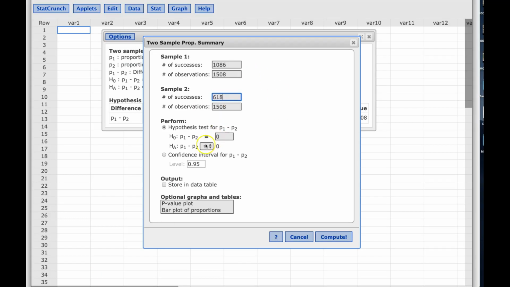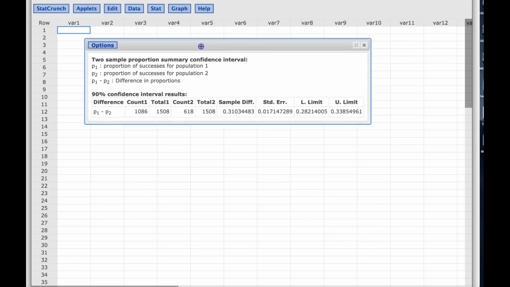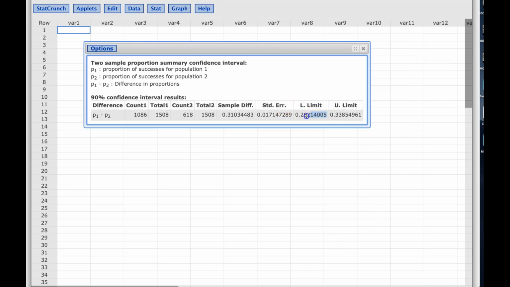Then we run a 90% confidence interval, 0.90, and compute. Now looking at the confidence interval, you see there's a lower limit and upper limit. The difference between those 2 years is somewhere between 0.28 and 0.33, or around 28.2% and 33.8% difference in proportion. We're 90% confident of that.